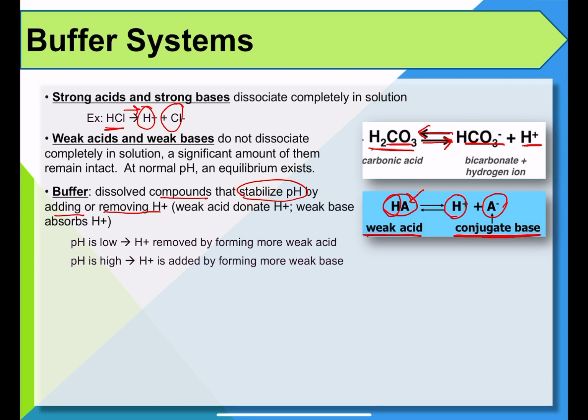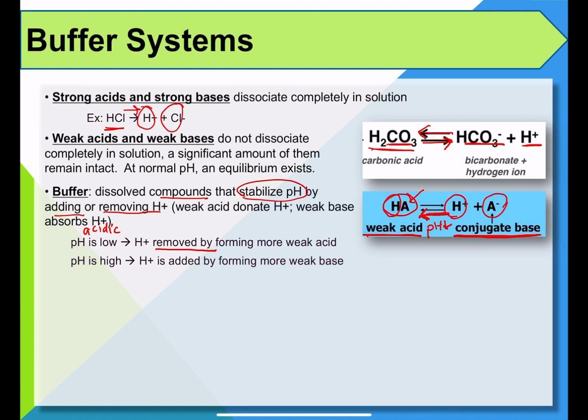So when pH is low, okay, when pH is low, which means this is an acidic condition, hydrogen ions can be removed by forming more weak acid. So then we're talking about this arrow here, okay? If pH is low, your equilibrium shifts to the left.